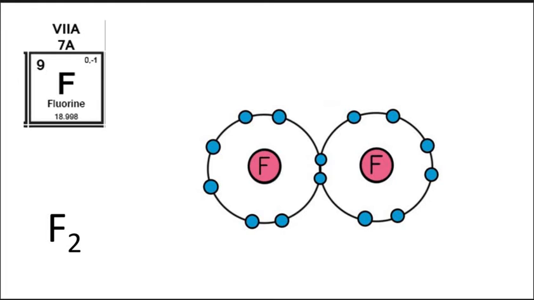And looking at the other fluorine, you go 1, 2, 3, 4, 5, 6, 7, 8 for that fluorine. So it is stable, and that right there is the covalent bond. They are sharing those 2 electrons, and you have to draw it that way so that both of these electrons are touching both fluorines. Otherwise, they are not sharing it.